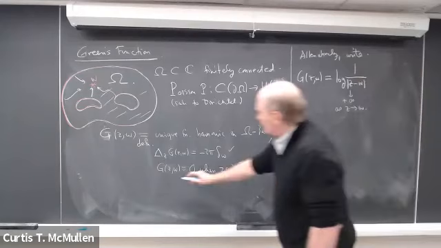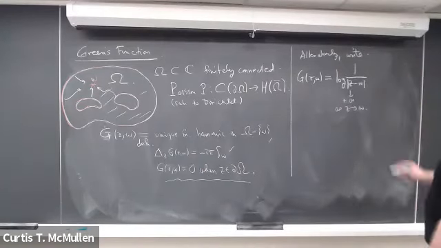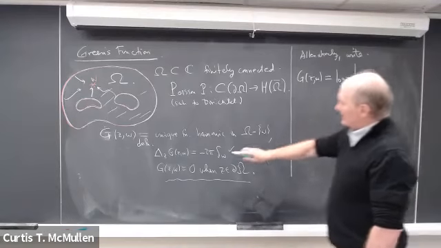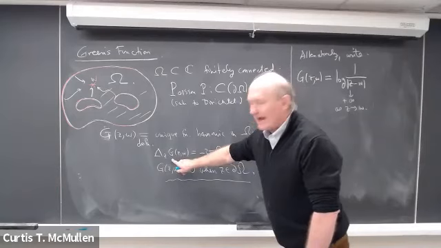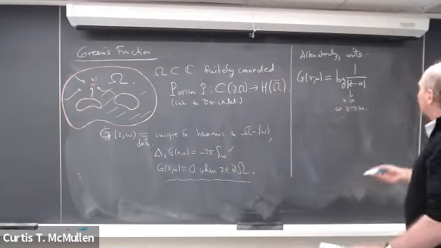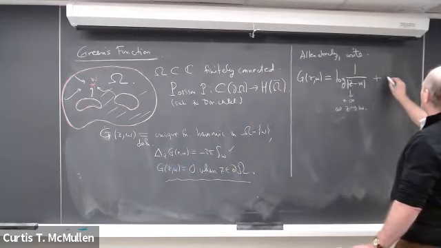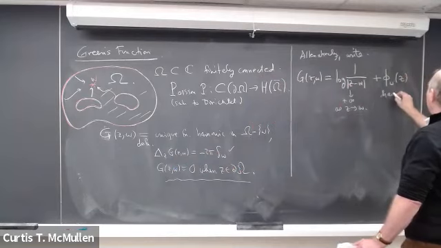Now the problem is, how do we normalize our function so that it's 0 on the boundary? Well, notice that this equation is very ambiguous in terms of G. We could add any harmonic function to G and it would still have the same Laplacian. So what we do is we add here what I'll call phi W of Z, where this is harmonic.